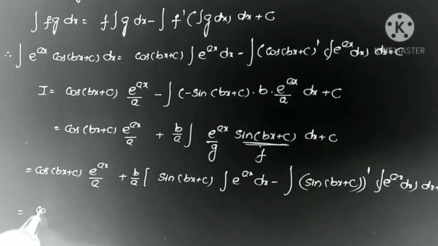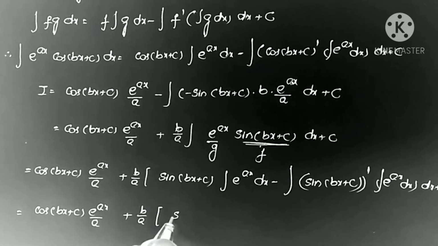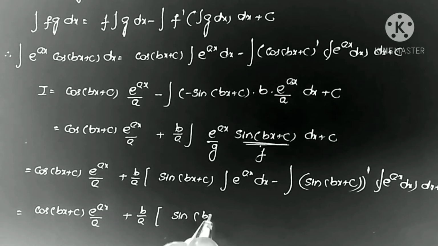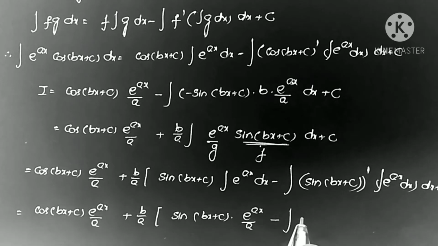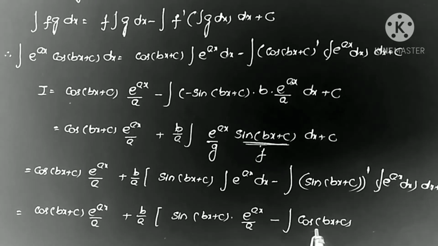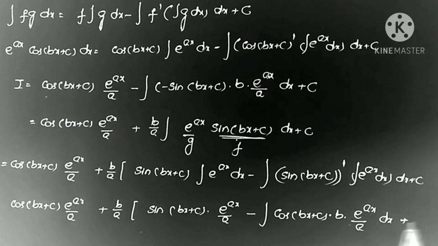This is equal to cos(bx plus c) into e power ax by a plus b by a into sin(bx plus c) into the integration of e power ax, e power ax by a, minus integral of the derivative of sin(bx plus c): the derivative of sin x is cos x, so cos(bx plus c), and again the derivative of bx plus c is b, into the integration of e power ax, e power ax by a, into dx plus c.